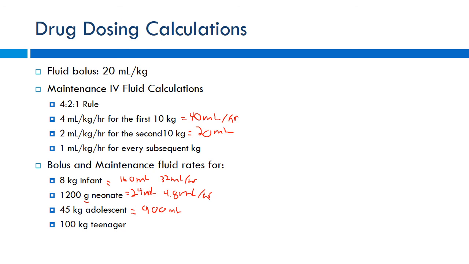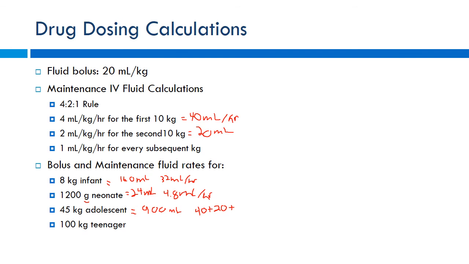Okay, and then for their maintenance rate, for the first 10 kilograms, they're going to get a total of 40 mLs per hour, because it's 4 mLs per kilo per hour for the first 10. So our maintenance rate for this person would be 40, plus, for the second 10 kilograms, a maximum of 20, plus whatever's left over in mLs per hour.